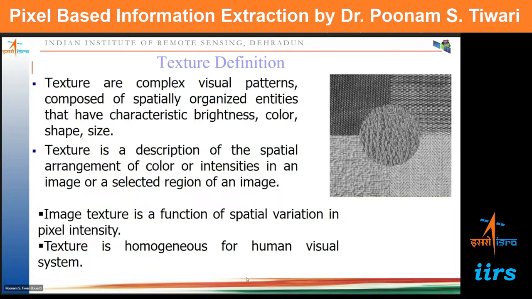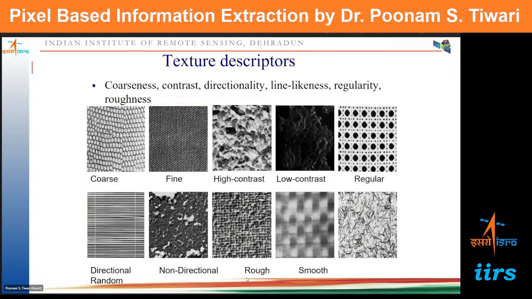A texture is a description of the spatial arrangement of color or intensity of gray value in an image or a selected region of an image. Texture is homogeneous for the human visual system. When we are using visual analysis for classification, we can define the texture as coarse texture or fine texture, and we can say that some features have very high contrast and some have very low contrast.